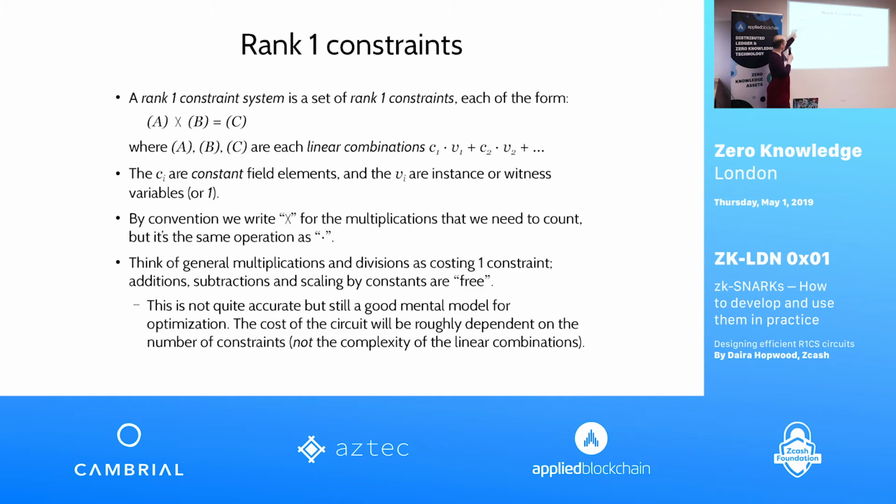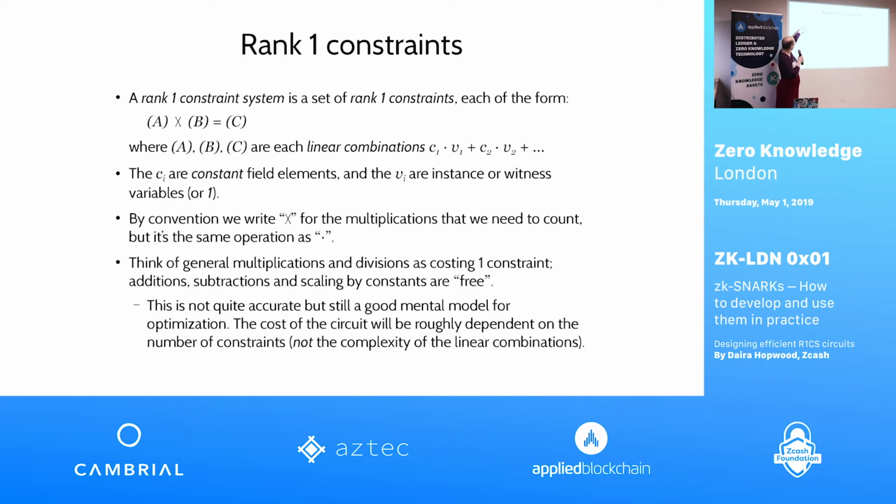That's basically just, it's easier to keep track of what a set of equations costs if you distinguish between those two operations, even though mathematically they're the same. Okay. And the cost of our circuit is going to be roughly just the number of constraints.